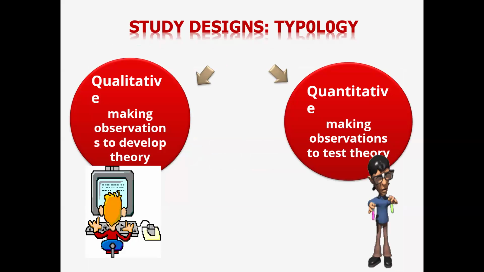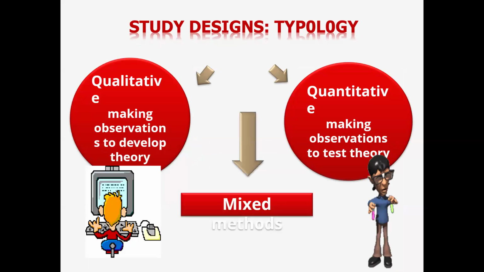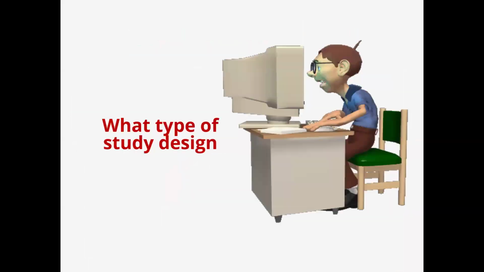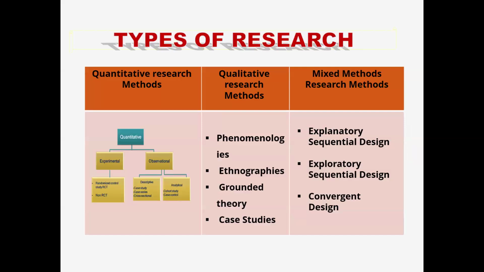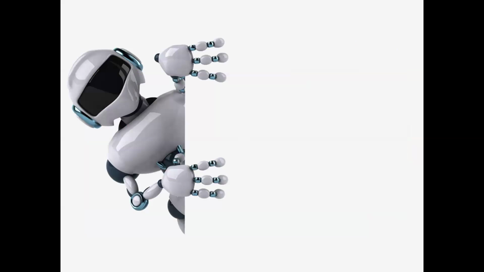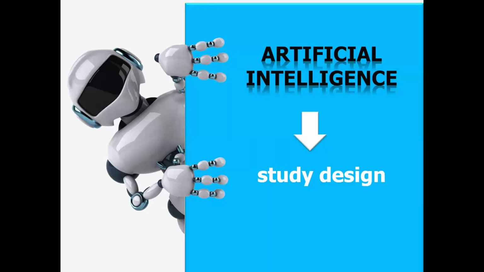Or we are going to mix both types in order to have a mixed type of study. So whatever type of study I use, I have to highlight it precisely in my methodology part.